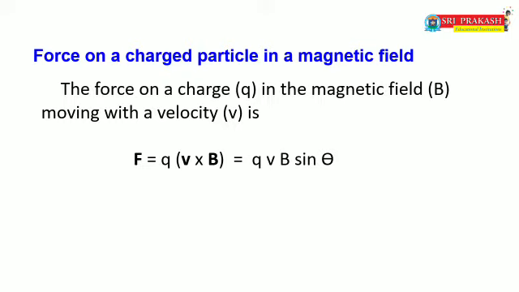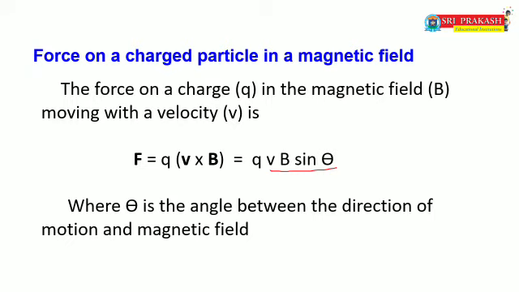So here v cross B we can also write as a cross product between two vectors, nothing but vB sin theta. So here, some factors affect the force.